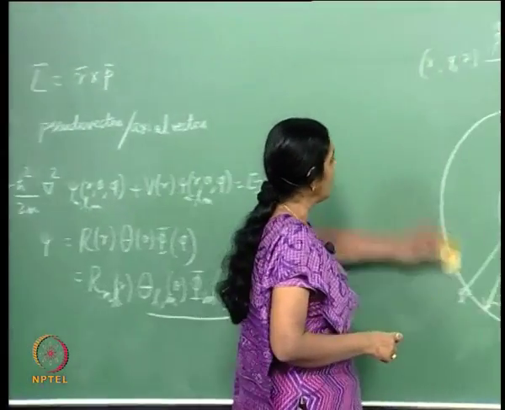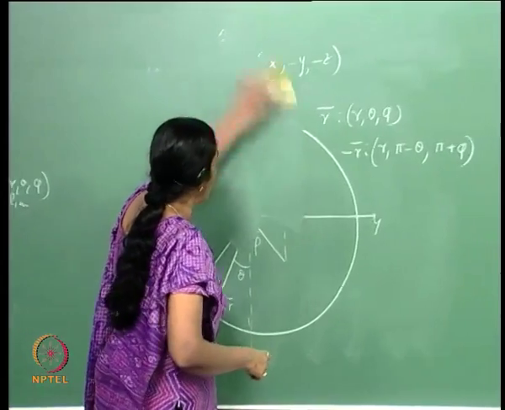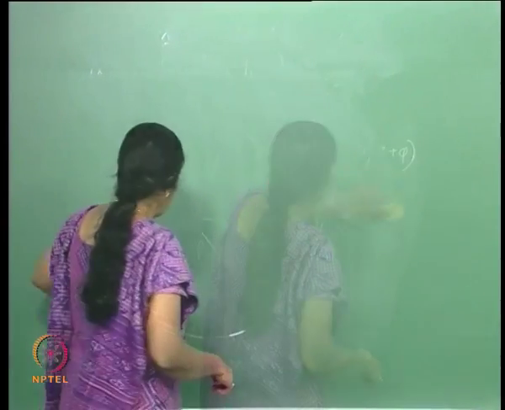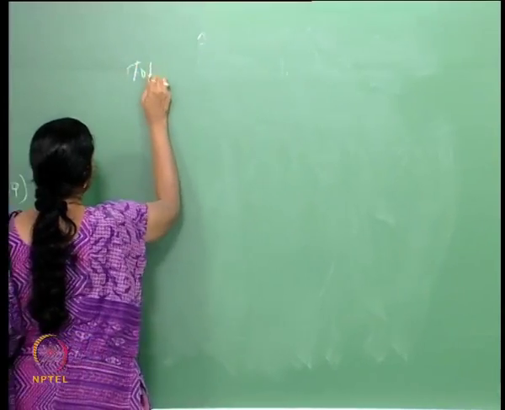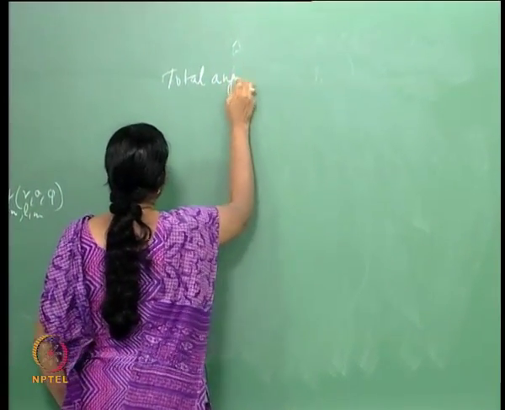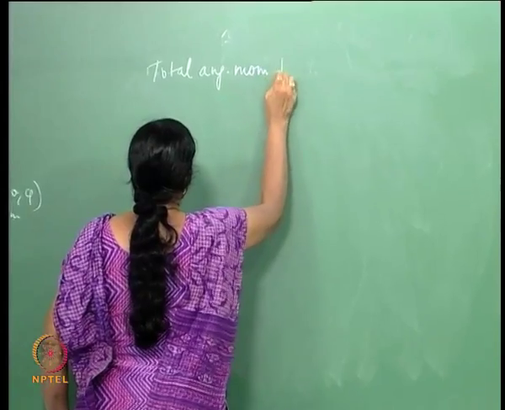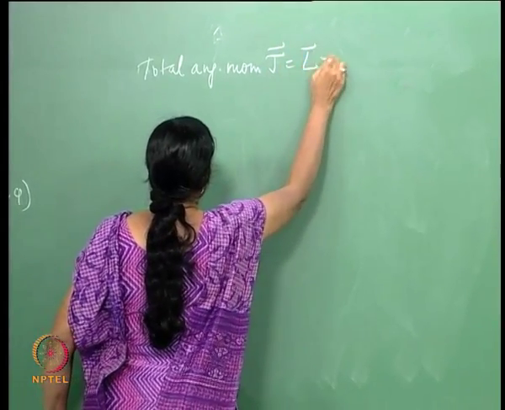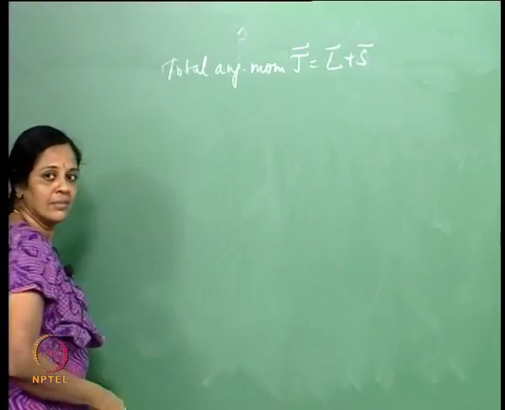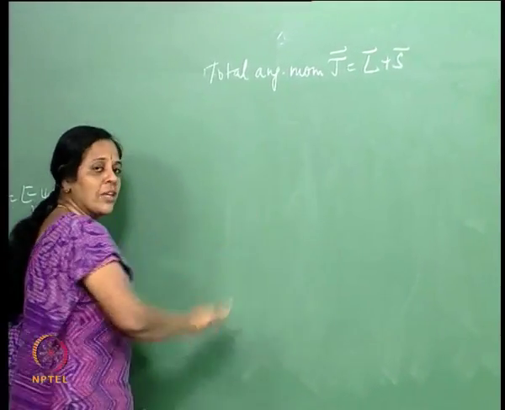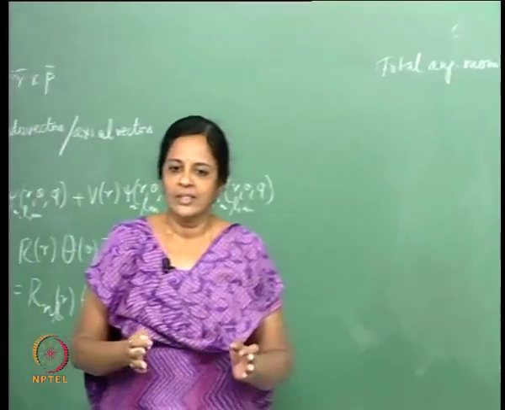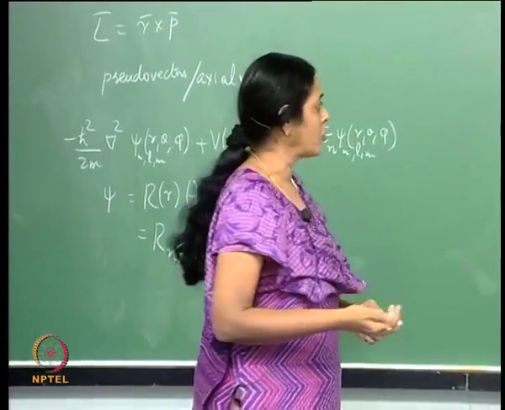This leads us to a very important and interesting application right away. First of all, the total angular momentum J is the vector sum of the orbital plus spin. Addition of angular momentum follows the same rules that we had discussed earlier when we spoke about spin.